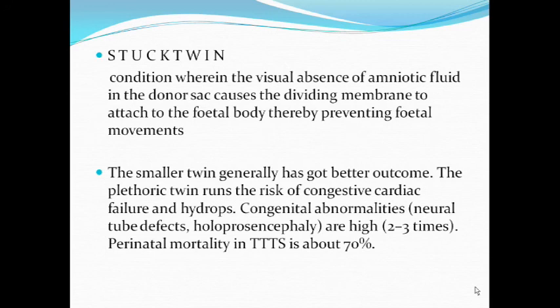The plethoric twin runs risk of congestive heart failure and hydrops fetalis. Congenital abnormalities are high, mostly neural tube defects and holoprosencephaly, 2 to 3 times higher. Perinatal mortality seen in TTTS is about 70%.